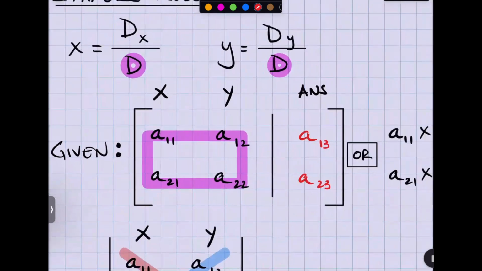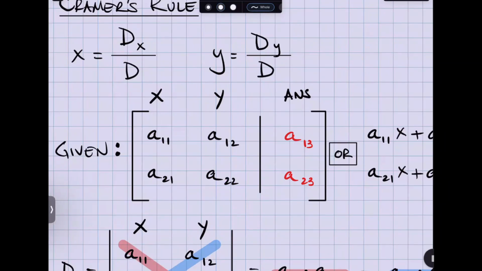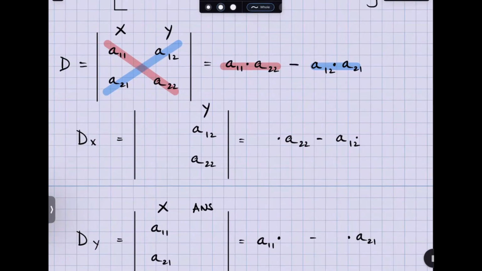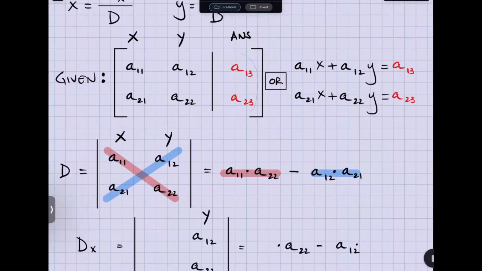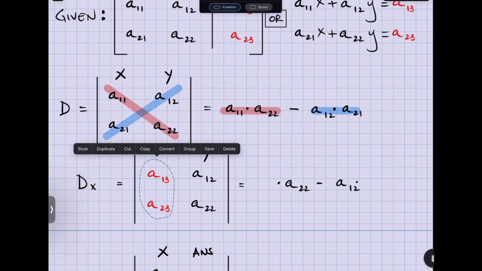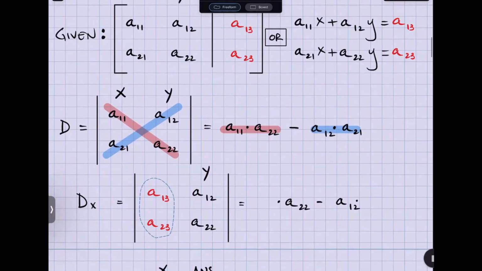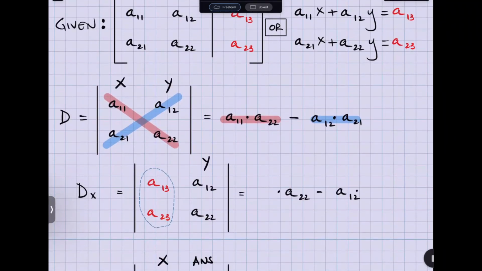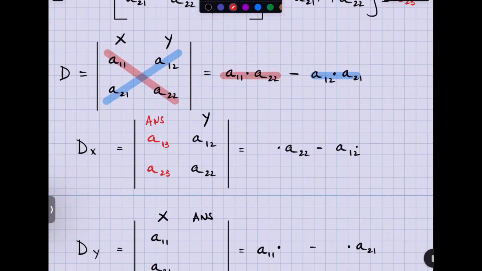So now I don't really need these anymore. For Dx, I'm taking the answers and replacing the x column with the answers, and that's how I'm going to find Dx.